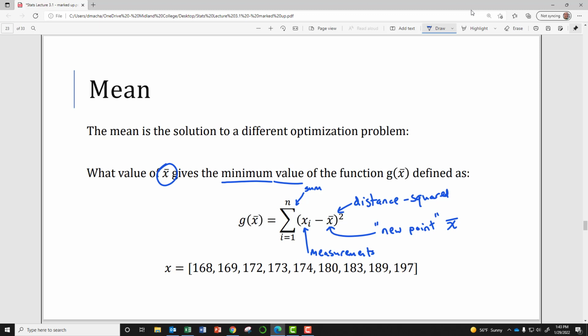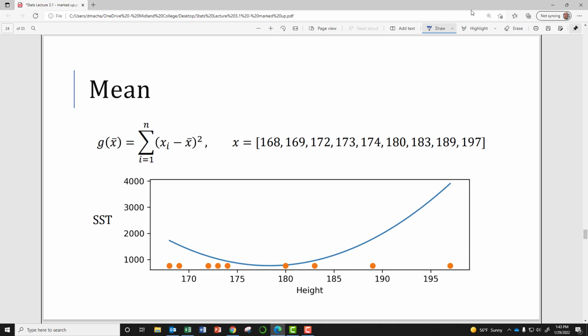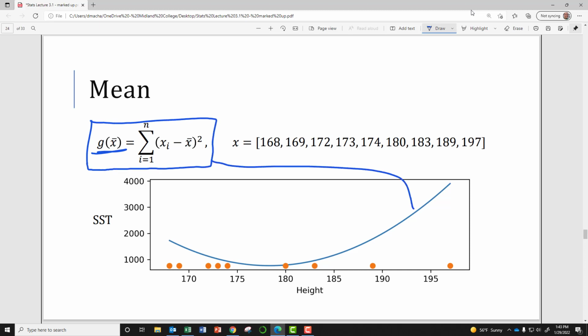So how do I select the correct new point? Well, let me show you what it looks like. If I represent this g of x function in blue as the curve, or sorry, I should say g of x bar, and so in my horizontal axis, these are different possible values I could choose for x bar.